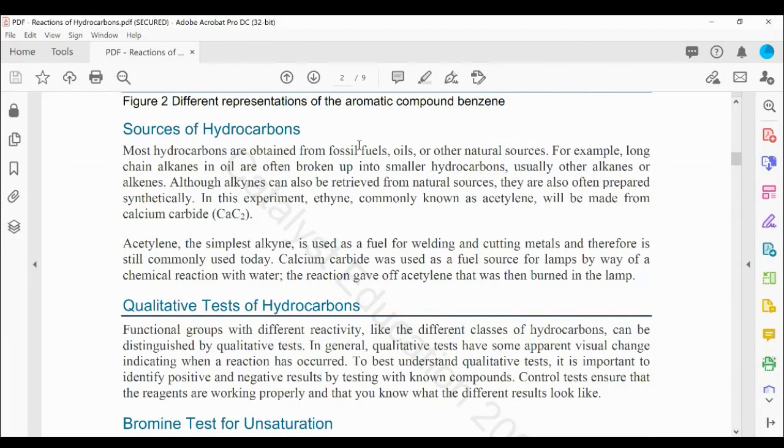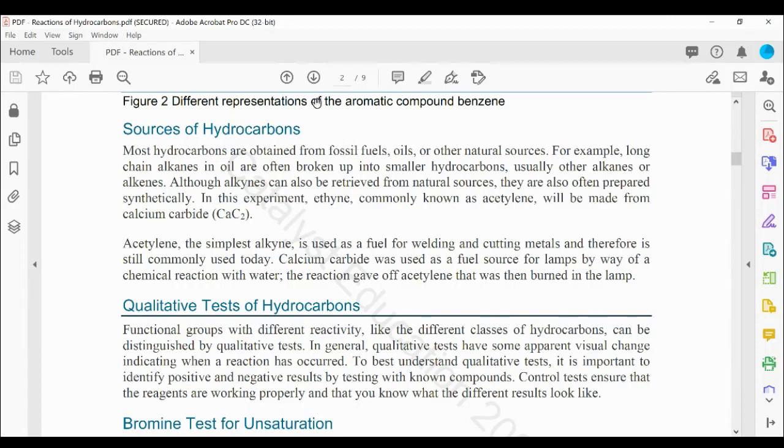So in this experiment, we will prepare ethyne, that is called acetylene, that is C2H2, from calcium carbide. All we are going to do here is add water to the calcium carbide, and we will see the acetylene. And because it's a gas, we will see bubbles.